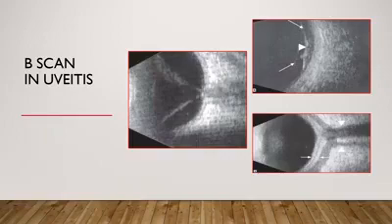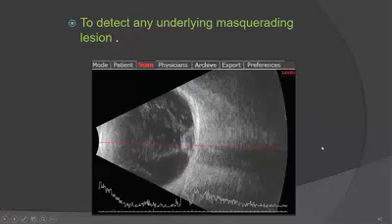Very useful to identify any retinal detachments, also to detect any tractional membranes, and in cases of posterior scleritis, like we can see here, and also to detect any intraocular tumors, like any hidden tumors. We call them masquerade syndrome. So this is about the B-scan.